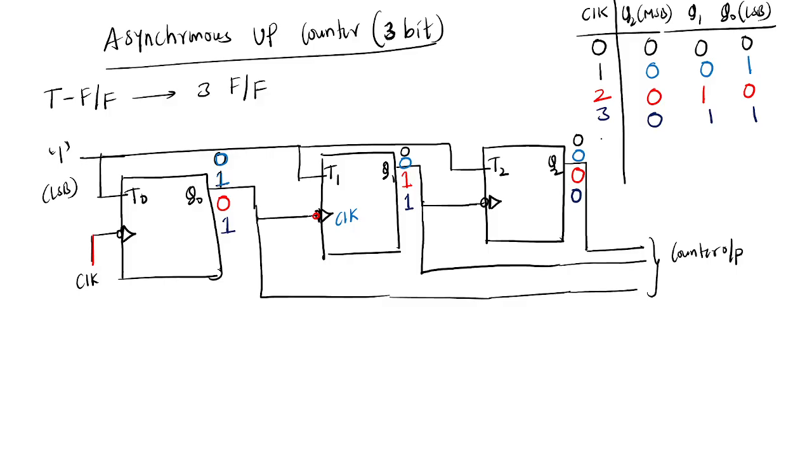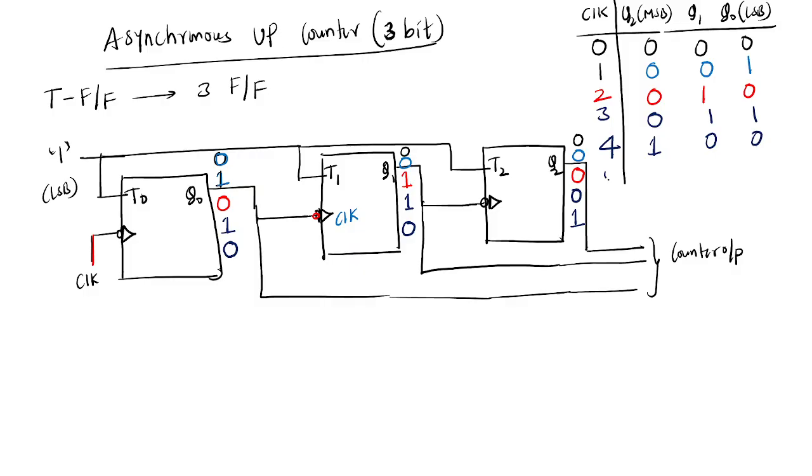At the fourth clock pulse, it toggles from 1 to 0, a negative edge, so the next toggles again to 0, and then the next toggles to 1. So this is 1 0 0.